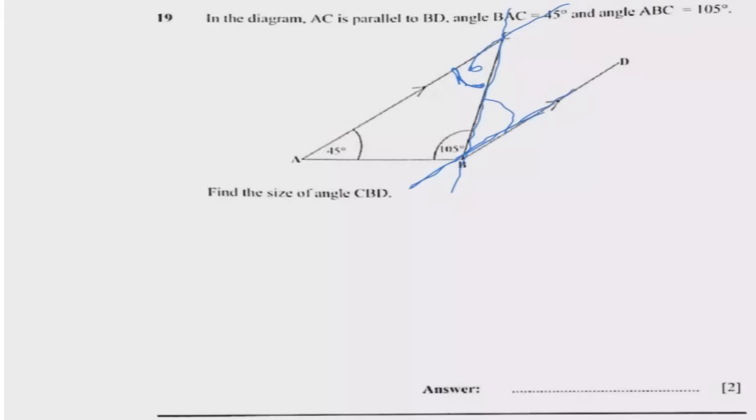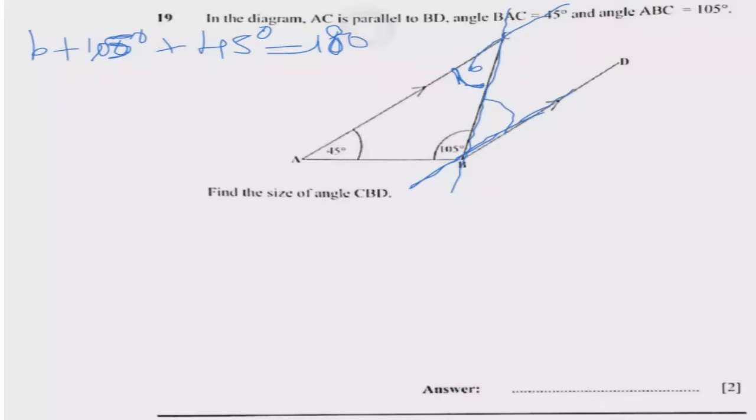So I'm going to write here, B plus 105 degrees plus 45 degrees is equal to 180 degrees.